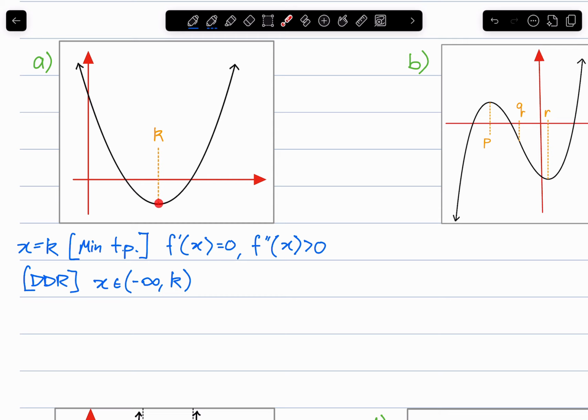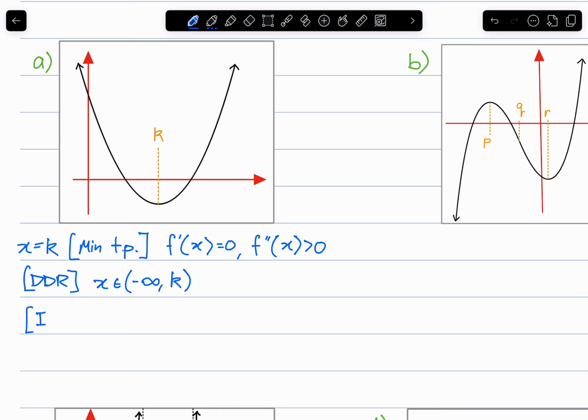Let's now take a look at this other domain to the right of k. If you just imagine the tangents being placed, these tangents are all positive tangents, so immediately it should be increasing. We just need to figure out now, if we place tangents, are they getting more and more steep or more and more flat?